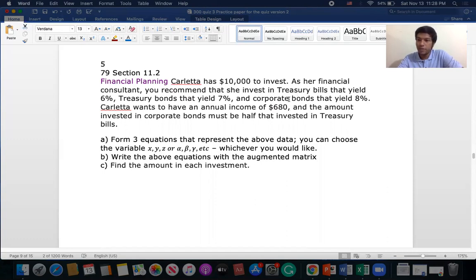Once we can model this information in 3 equations, then we can solve it, because 3 equations we can solve. We have actually seen similar math with 3 equations.